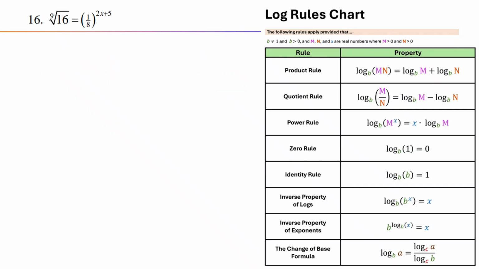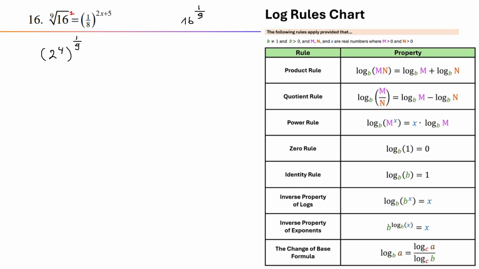Okay, number 16. We see 16 and 8 again, right? So instead of writing 16 to the power of 1 over 9, I will write 16 as 2 to the power of 4. Okay, so 2 to the power of 4, to the power of 1 over 9, because my power is always right here.